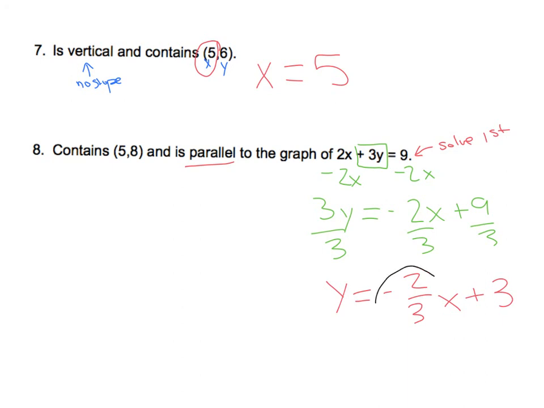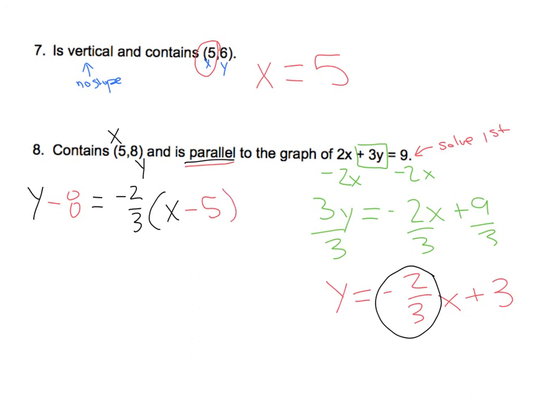So the slope that we need is going to be the same because it's parallel. That is your x1, that's your y1. So you're using the point-slope formula. So y minus 8 equals our slope, which is -2/3, times x minus 5.